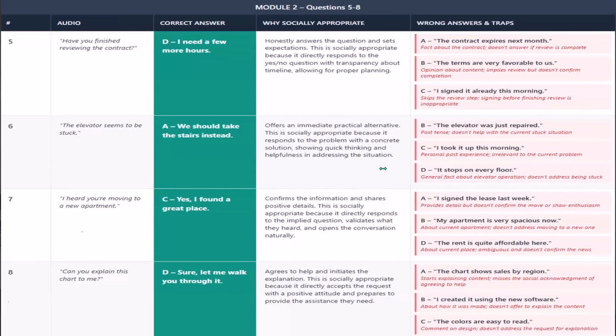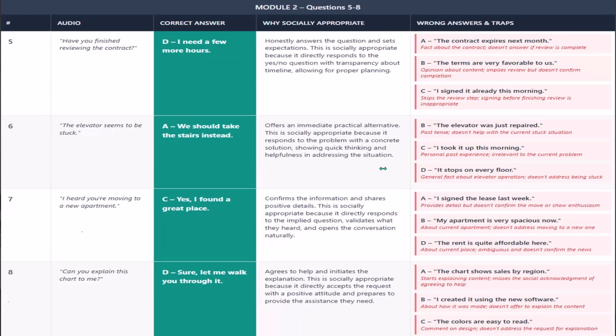B requires inferencing on number 5. What? Signing might be viable. I don't understand.